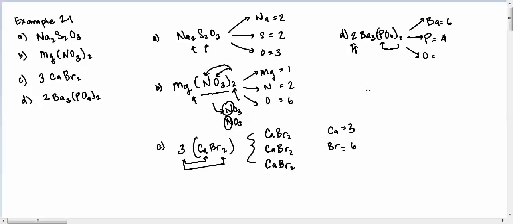And the oxygen, you might not think this, it's kind of hidden in there, but there's 4 oxygens, but you're multiplying by that 2, and so that's 8 oxygen, but you're multiplying that by the coefficient out in front, and so then you have 16 oxygens.